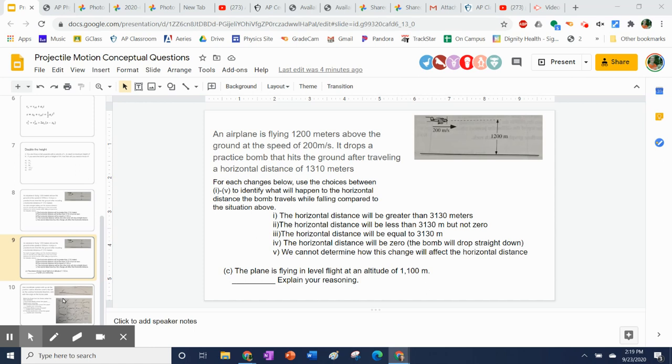If the mass of the bomb is increased, what's going to happen? This one I don't need. Actually, yeah. Let's have you guys do your reasoning for this one, but I'm just not going to pick them apart this time. So type out your reasoning. Is it going to be greater, less than, equal to, 0, or cannot determine if the mass of the bomb is increased?